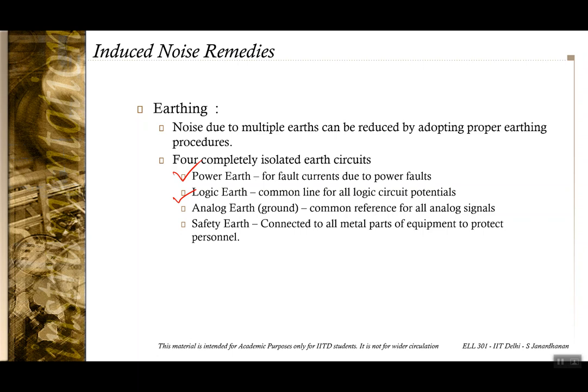You can have one earth for all the analog signal circuits, like the measurement circuitry, and all the metallic parts of your instrument, of the equipment, can be connected to a safety earth, and these four earth terminals can be isolated from one another. And since they are isolated, the leakage current path no longer exists.